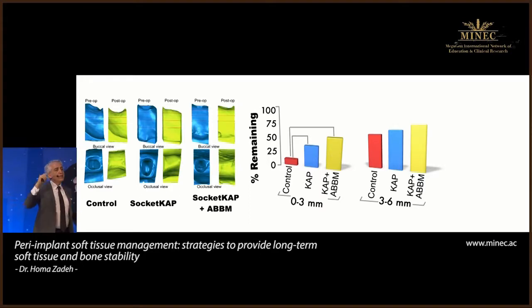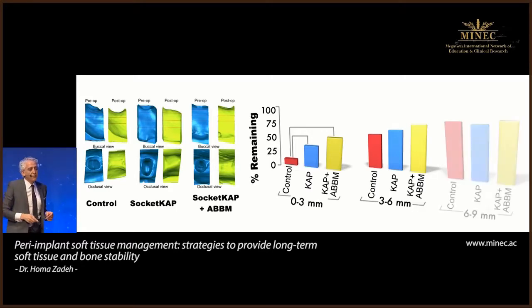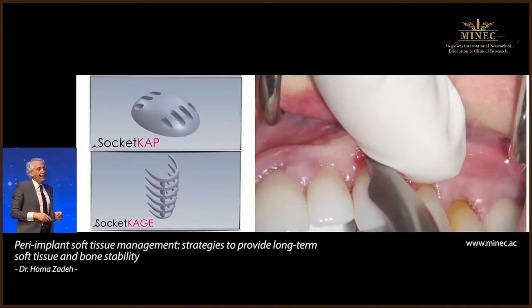So the resorption of the tissue is not limited just to the crest. It continues down to 6 millimeters. So that is significant, but with ridge preservation, we can preserve the contour at the crest and also further away from the crest. And this is very important.